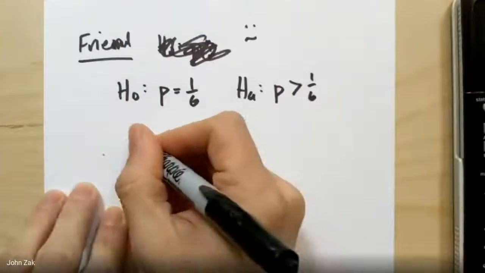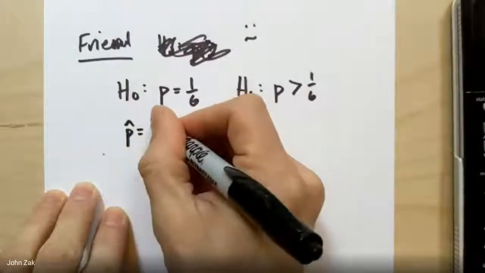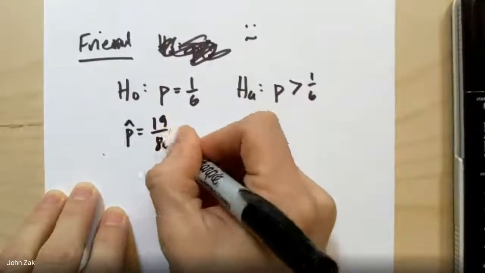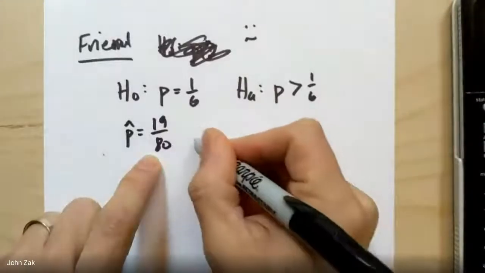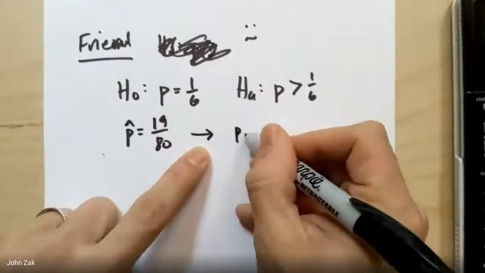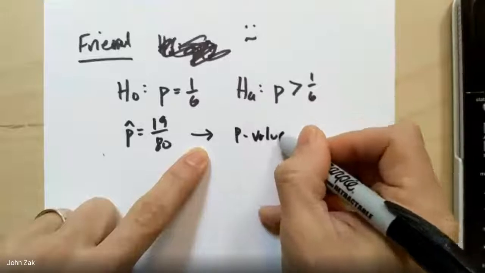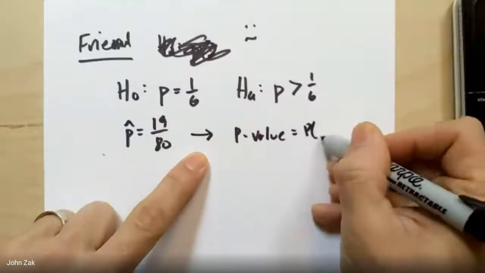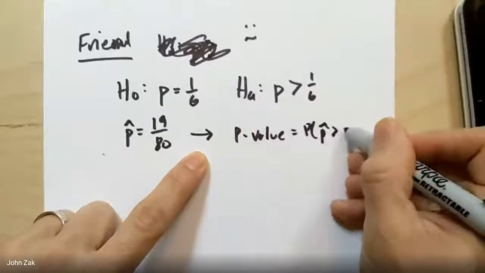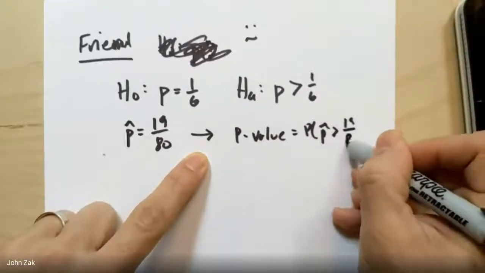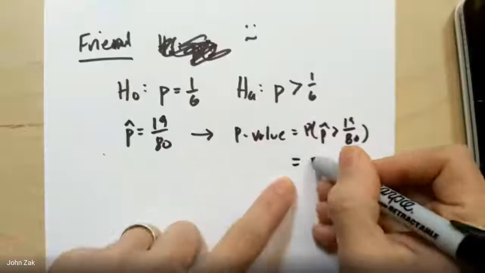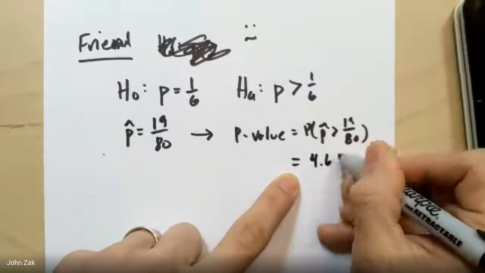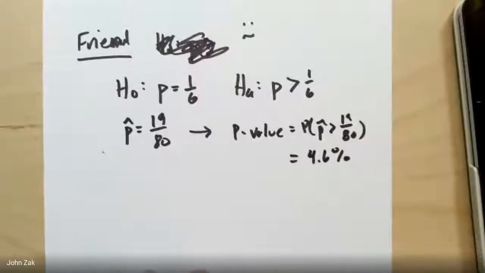And then we ended up getting a p-hat that was 19 out of 80, and from that p-hat we ended up with a p-value equal to the probability of getting a p-hat greater than 19/80. I remember that the answer was something like 4.6% for a p-value, right?